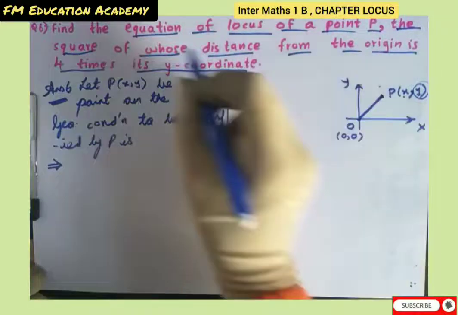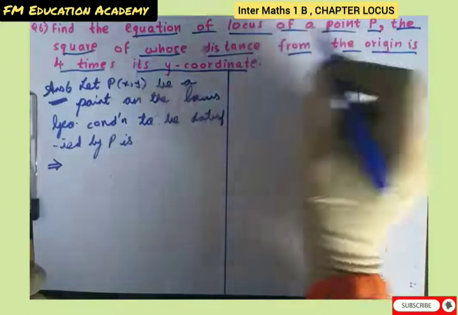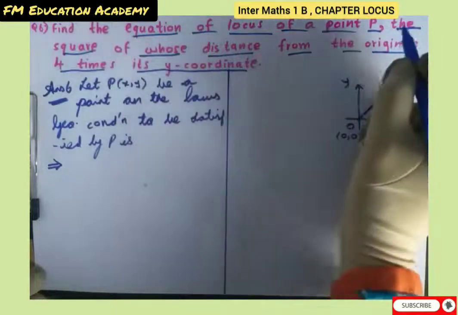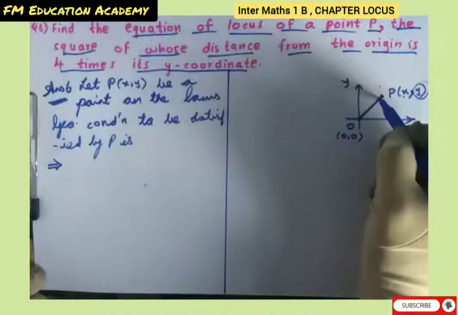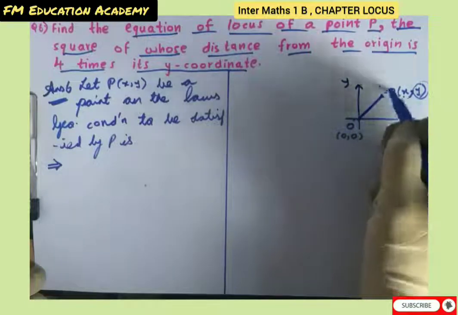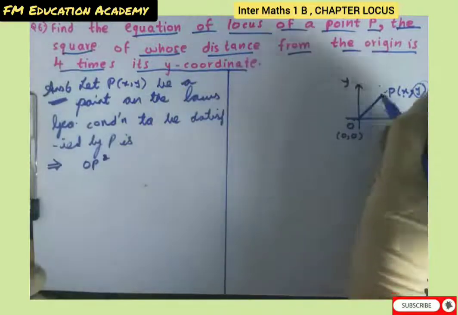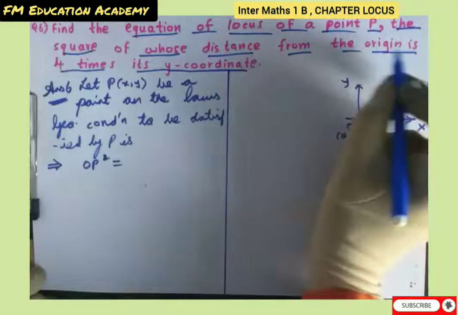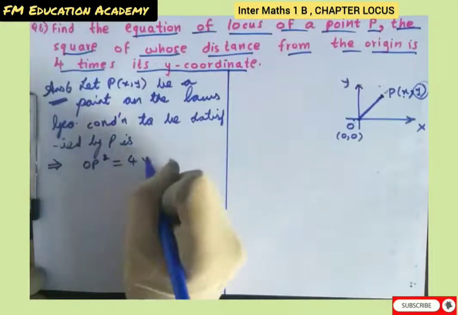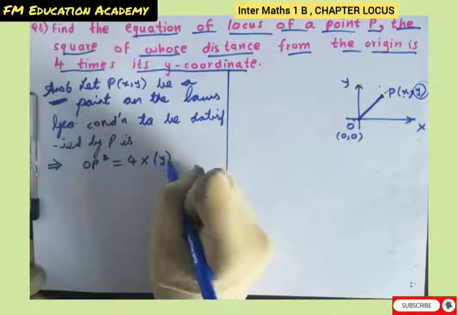What is the geometrical condition to be satisfied by P according to the question? The square of whose distance from the origin? Square of the distance from the origin is OP square. It is 4 times, 4 times means 4 into y coordinate, which means it is y.